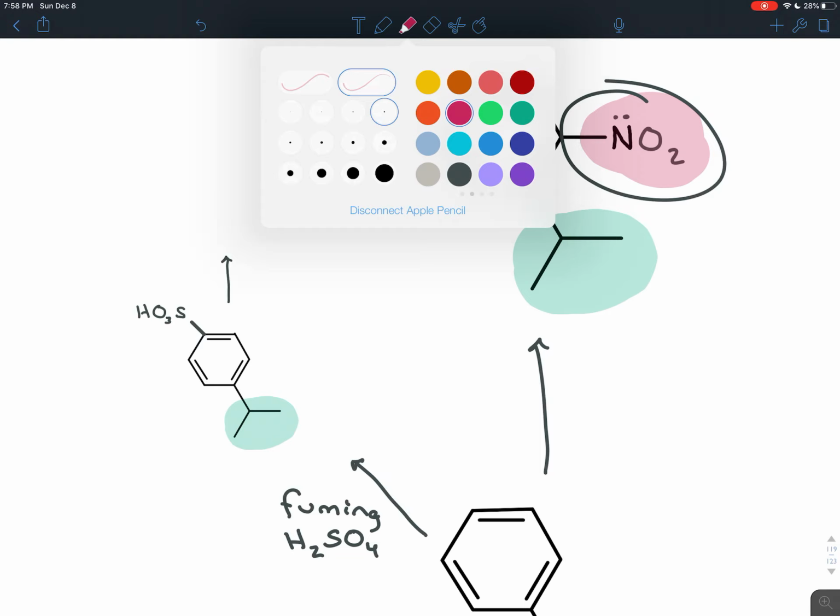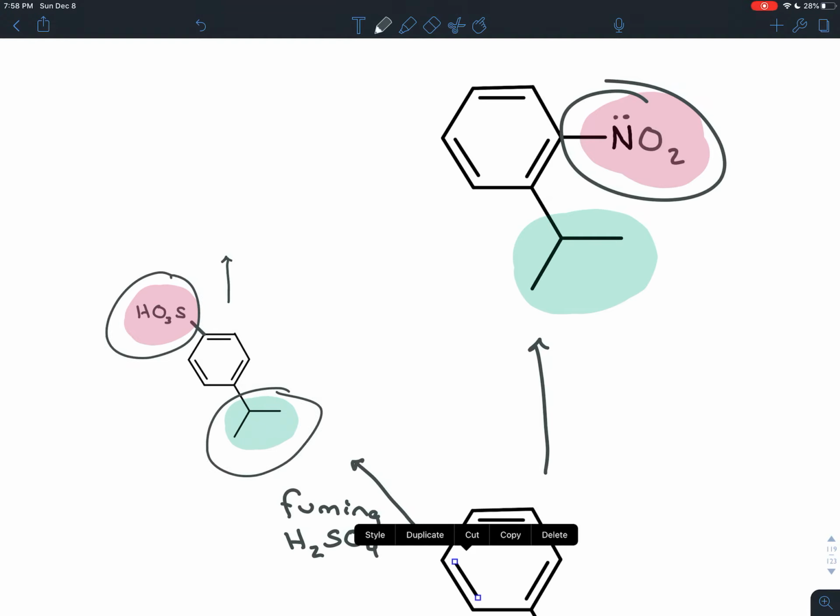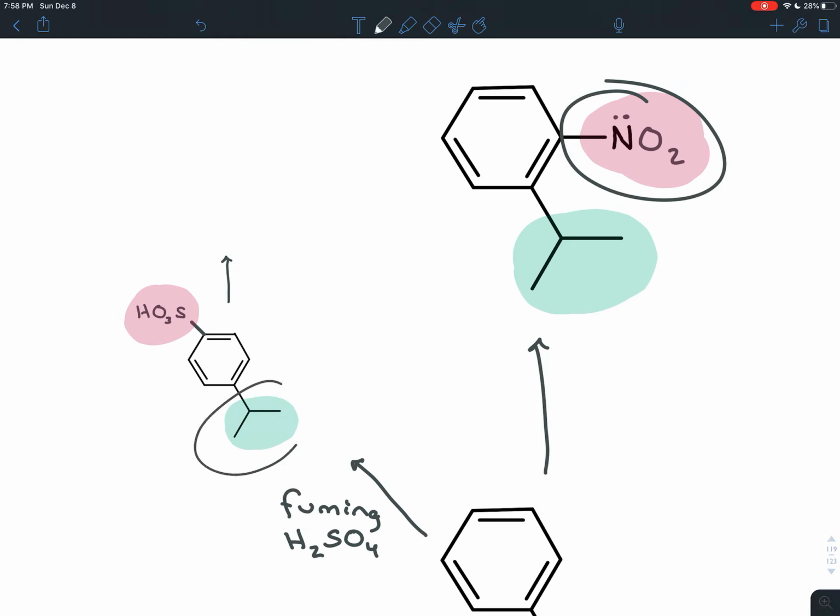Now, if you remember, this is a moderate deactivator. And it's always the most activating group that determines the directing effects. So here we have two branches. One is a moderate deactivator, the other is a weak activator. The more activating group determines the directing effects.